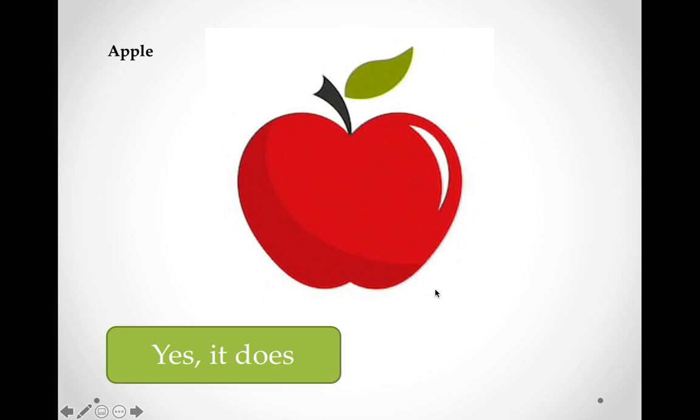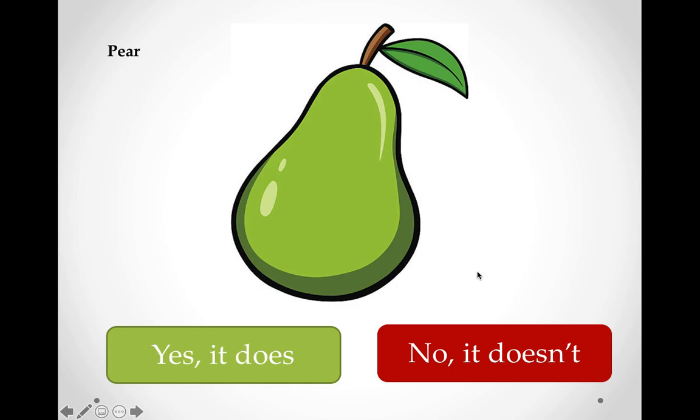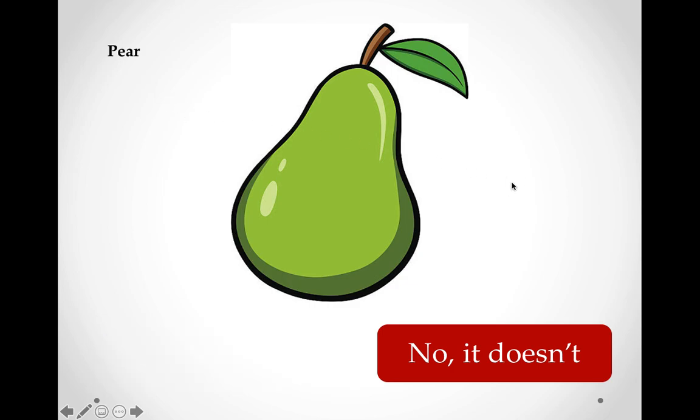Yes, it does. Amazing, good job. Now the next one, a pear. Don't forget to pause the video and to test it out by yourself. Will a pear float? No, it doesn't. A pear does not float on water. It sinks to the bottom.